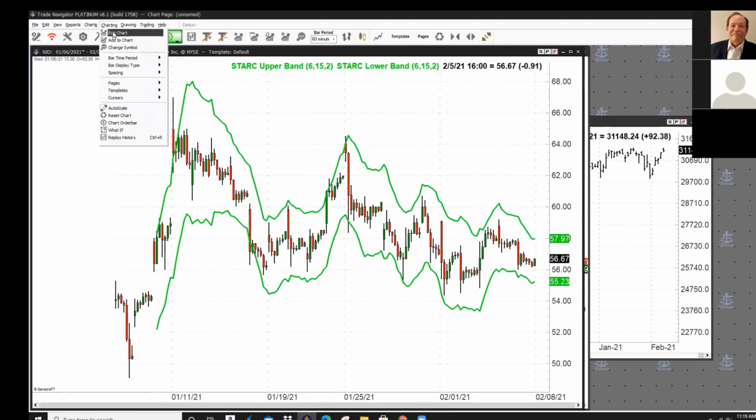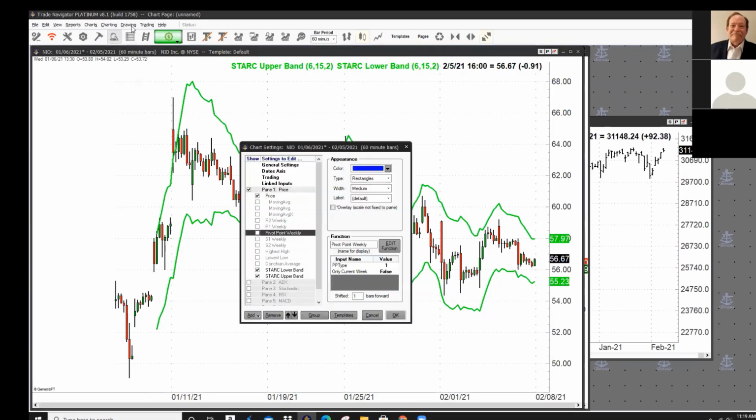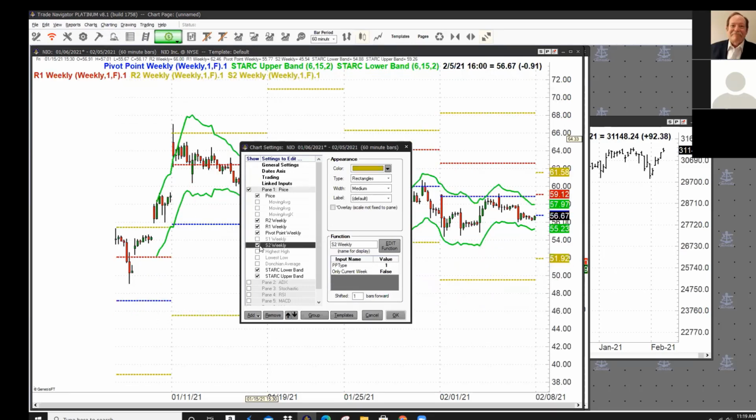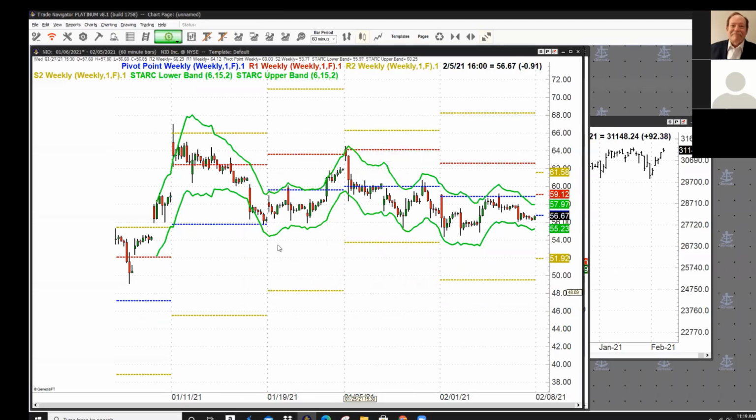But let's add a couple things to this, which is really easy. This is Trade Navigator. So if we add the weekly pivot levels to this chart, then we can see, okay, blue is the pivot, R1, R2.